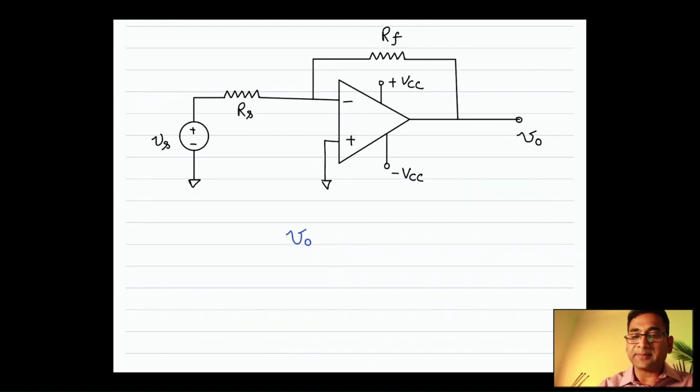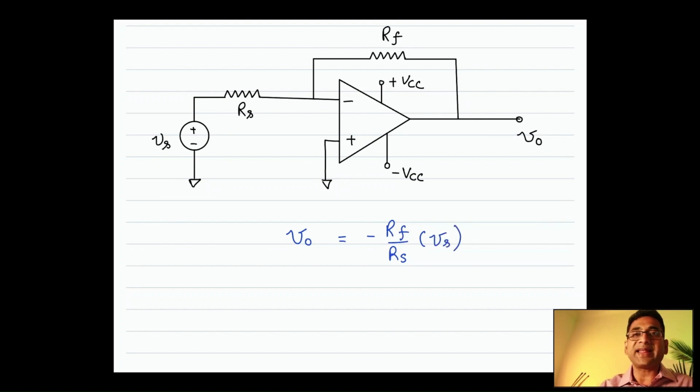Let's see, V output was negative RF over RS times Vs. That is the result that Aguilar gave you, and then he derived it.